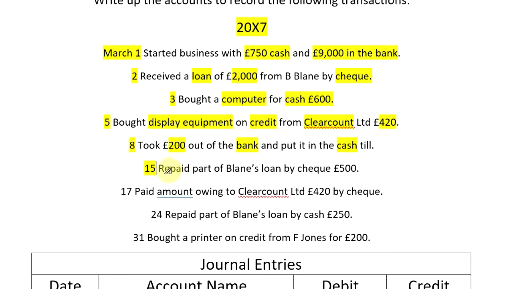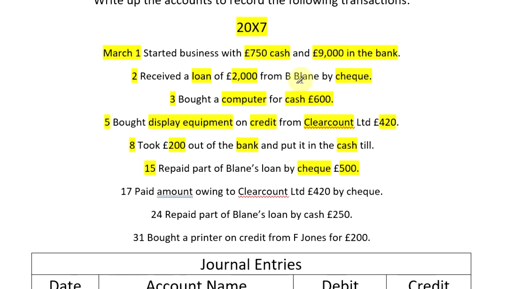Now we are doing the next transaction, which is repaid part of Blaine's loan by check, 500. We are repaying a part of Blaine's loan. The total loan was 2000, but we are only paying 500 right now.